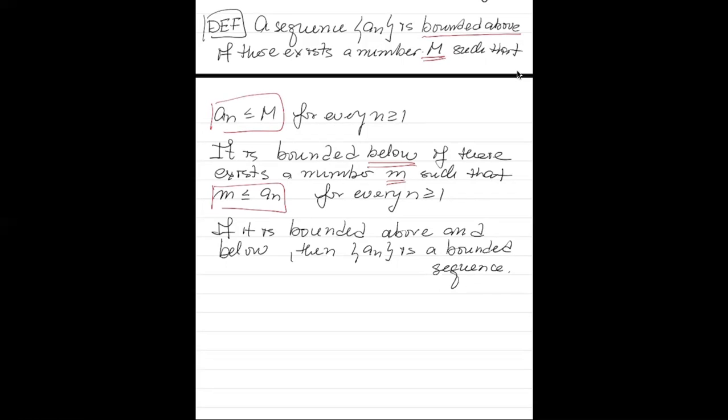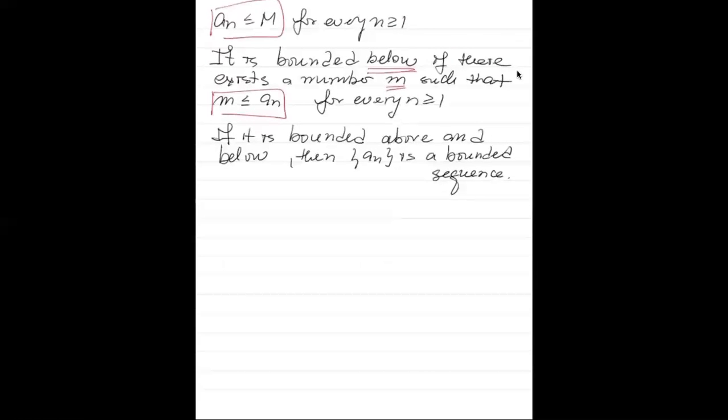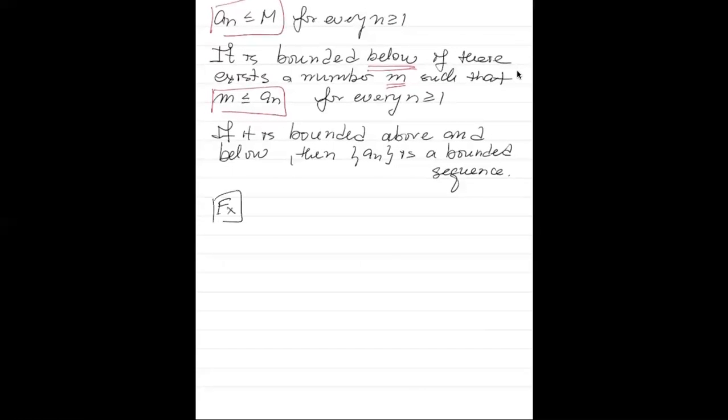All right, example. A sub n equals n. This is the natural numbers. Let's write them down. The sequence is 1, 2, 3, and so on. This sequence obviously is bounded below. By what?